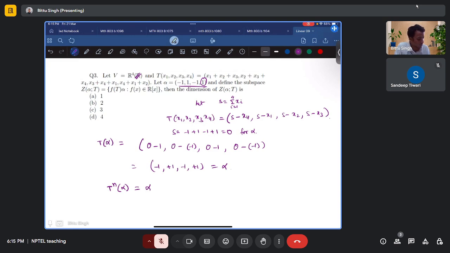And therefore, any polynomial will look like the sum of c_i T to the power i of alpha, i equal to 0 to n. This is the coefficient, so the index is lower. So the sum of c_i T^i alpha is the same as alpha times the sum of c_i, which is f(T) acting on alpha.